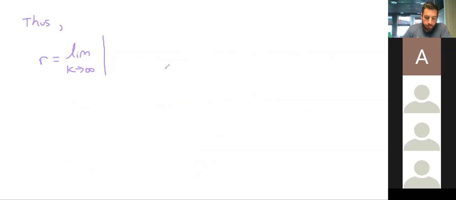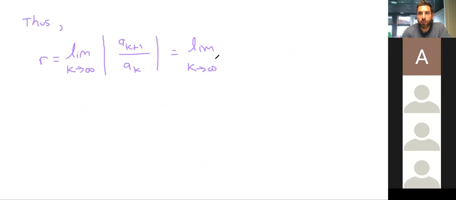So we want to take the absolute value of the k plus 1 term over the kth term. If we plug in what these mean, the first thing I can note is I don't need absolute values for this particular problem because all the terms are positive. So this is 1 over k plus 1 factorial, all over 1 over k factorial.